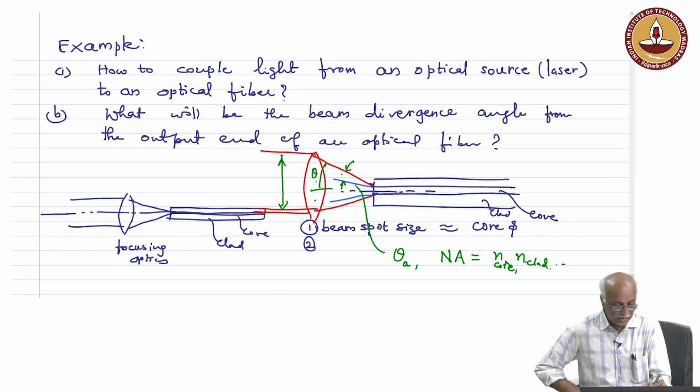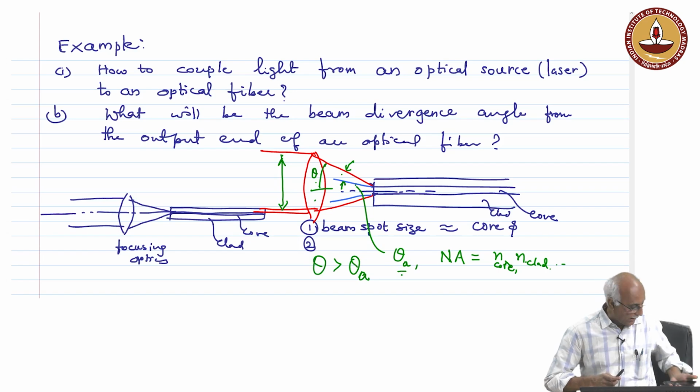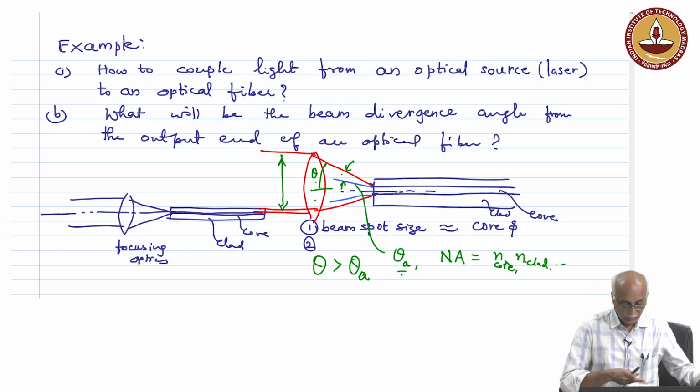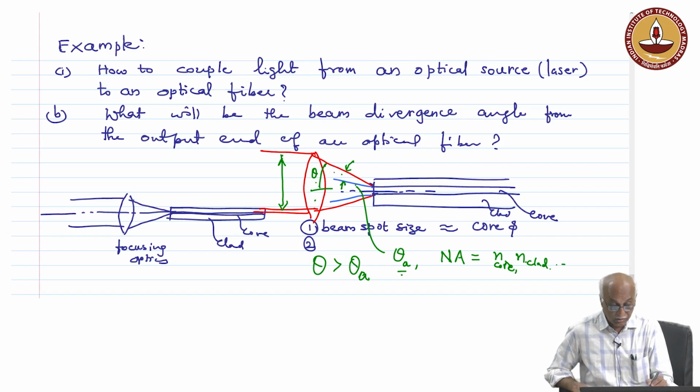And if this angle is more than the acceptance angle of the fiber, then we end up with a difficulty in terms of loss experienced by the light when it is getting transmitted through the fiber. Why?